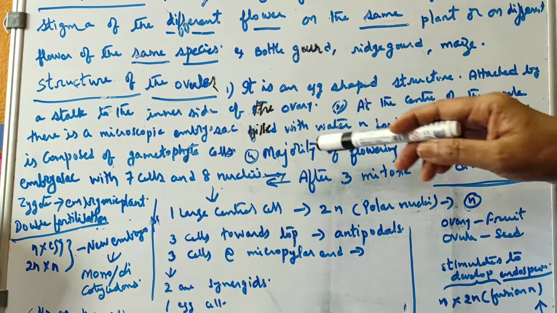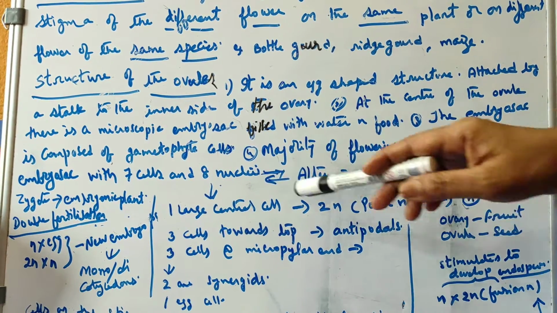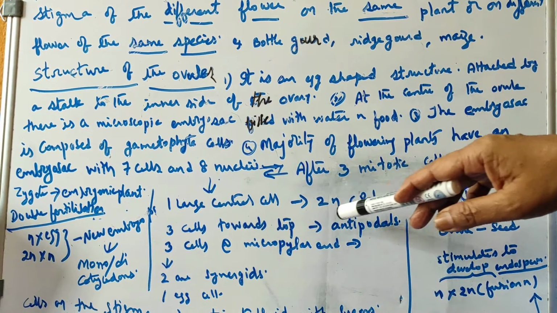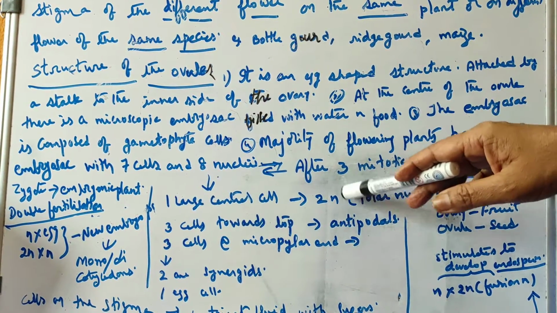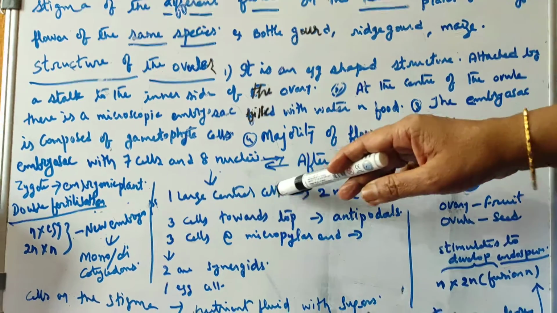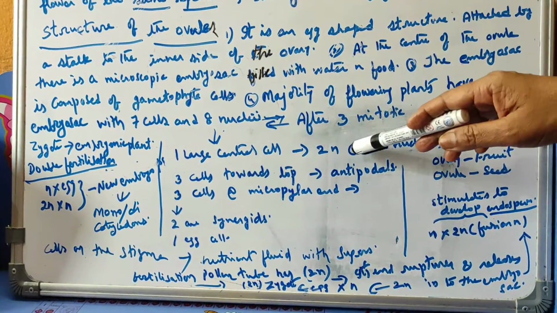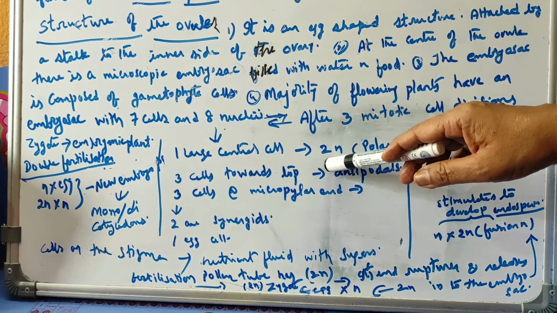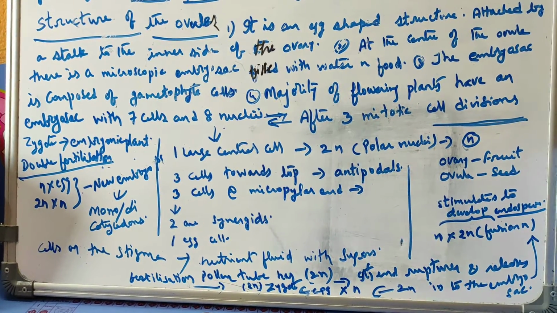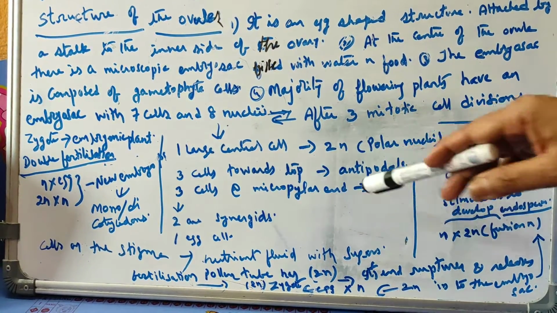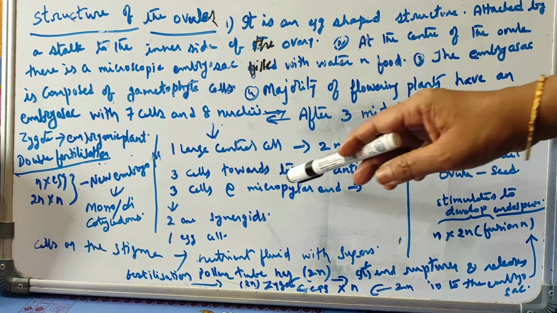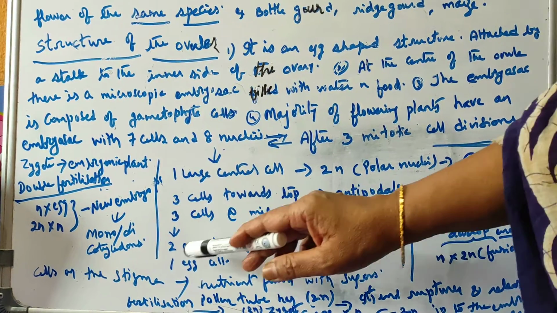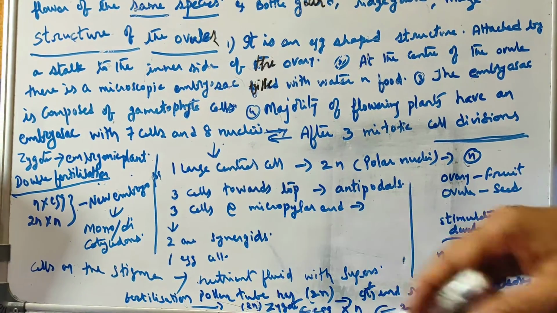Among these, there is one large central cell, which has 2 polar nuclei, that is 2n, and 3 cells towards the top, called antipodals. At the bottom, the micropylar end, there are 3 cells: 2 synergids and 1 egg cell.